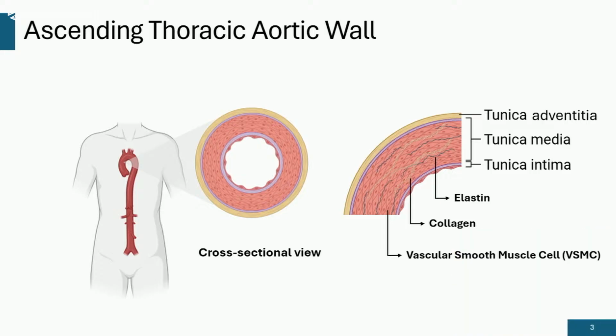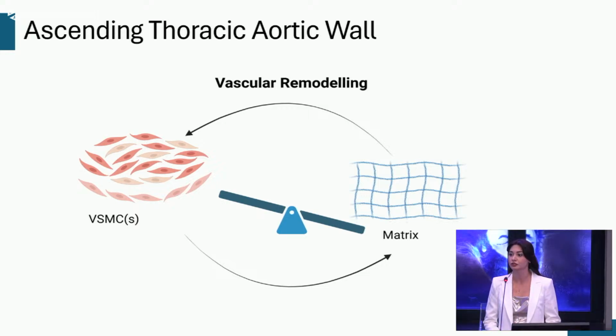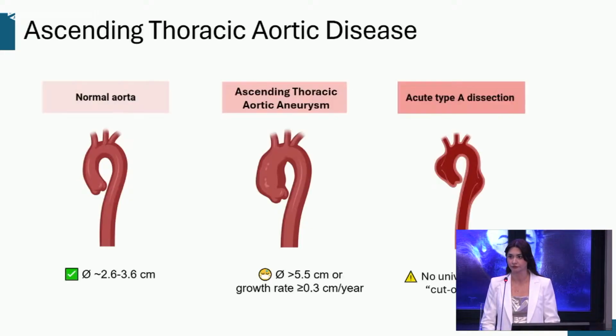They help it to contract. So now, when there is a disbalance between the cells and the matrix, which consists of collagen and elastin, the vessel wall or the artery wall starts to adapt to the new environment. And it does so by changing its structure. We call this vascular remodeling.